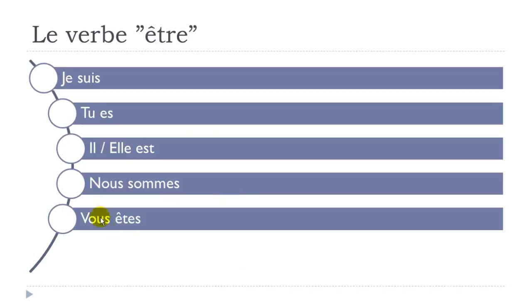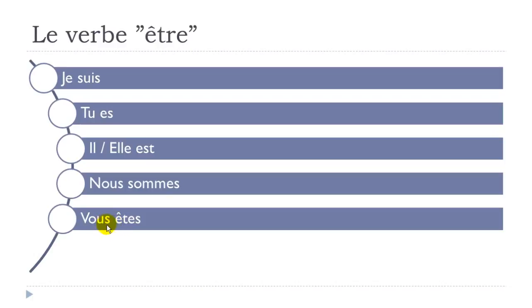Okay, then the next one is coming. Vous êtes. Same thing here. Notice that final S is not pronounced. And then in French we tend to have this liaison. So liaison, it's like a link, okay, that we can make between the words. So in that case, vous is ending with S, and then you tend to make a little link between them.